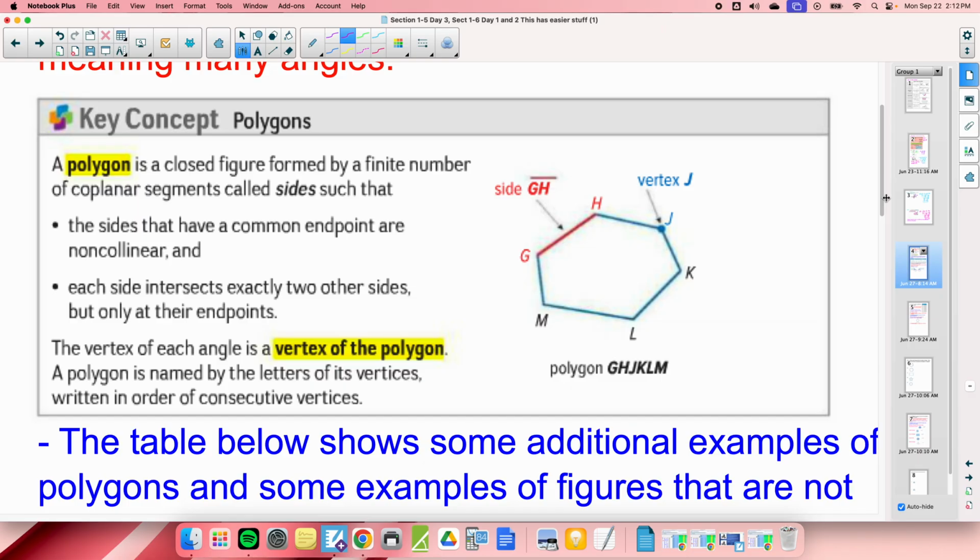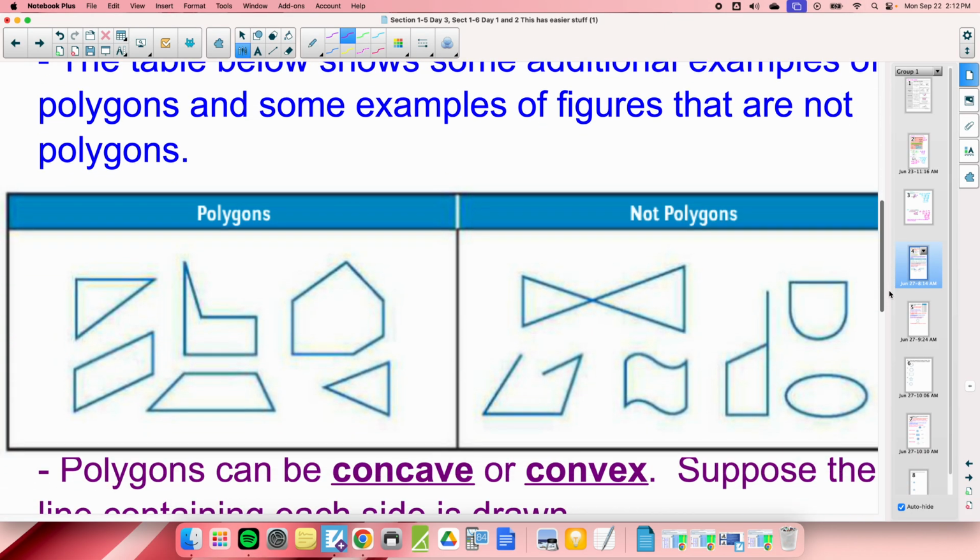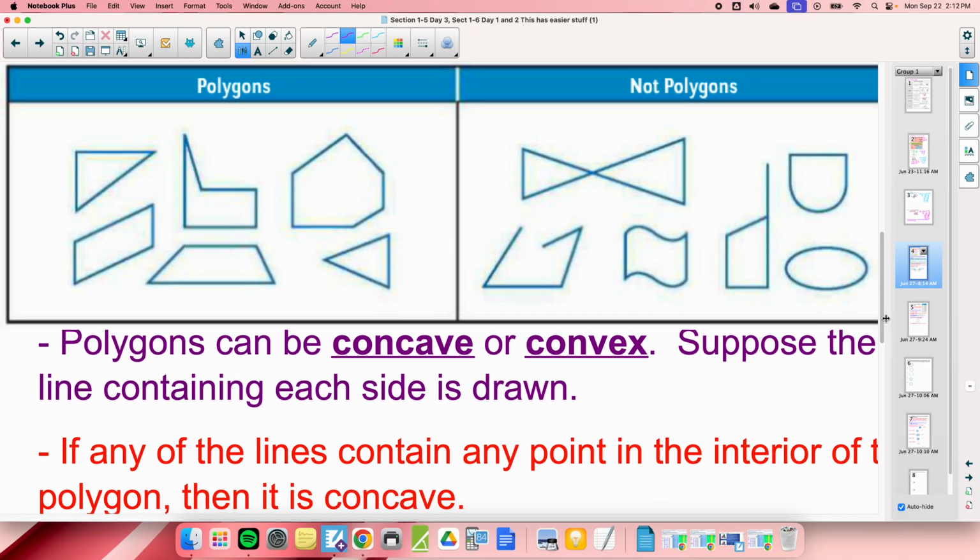You can't have any curved lines. So when we look here, these are all polygons because they all have straight lines. There's no curves. They're all closed. This one is not a polygon because we have two triangles, so there's two of them.